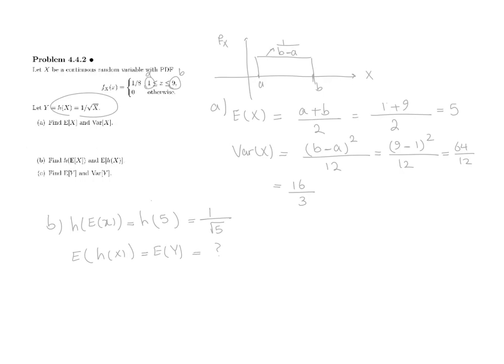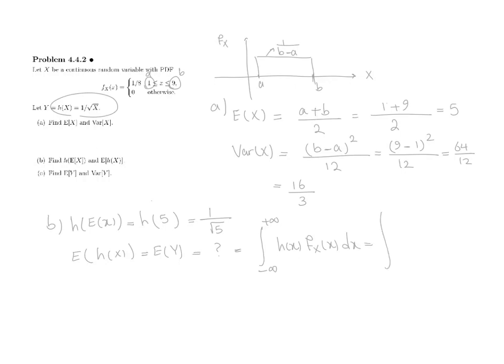Here y is not a continuous random variable, so it cannot follow the previous formula, and we need to follow the definition of the expectation value. We know that the expectation starts from minus infinity to plus infinity of h(x) times f(x) dx.